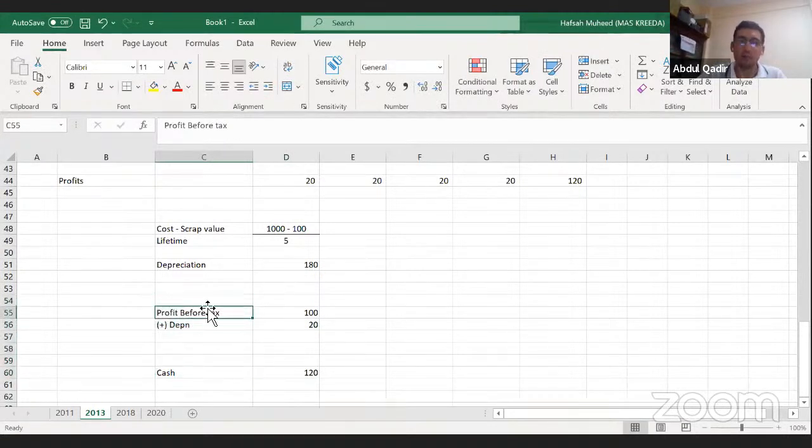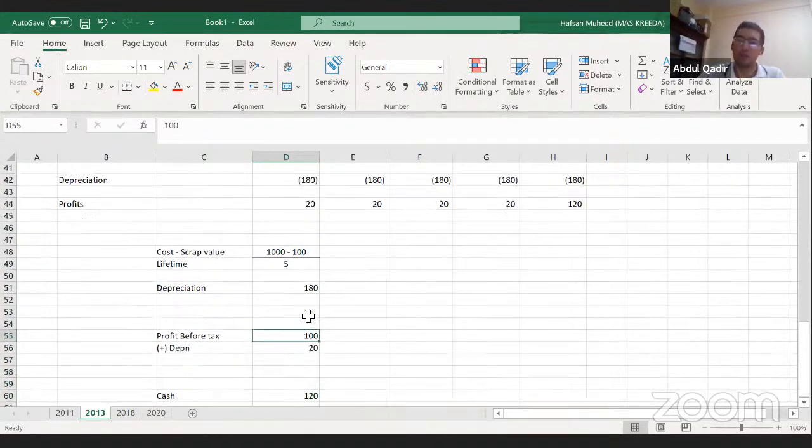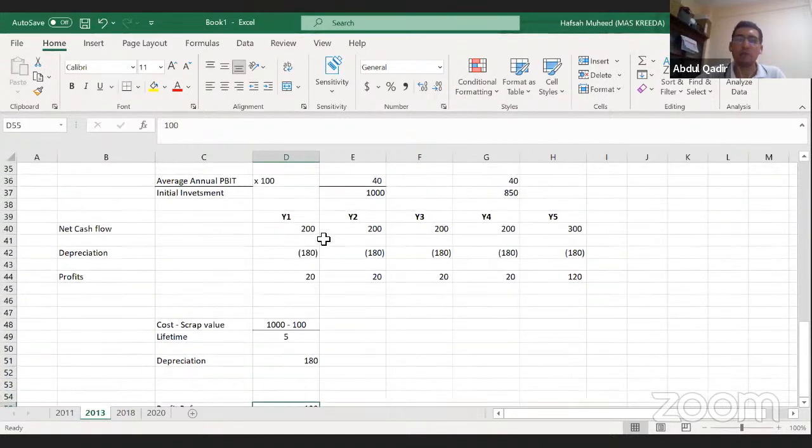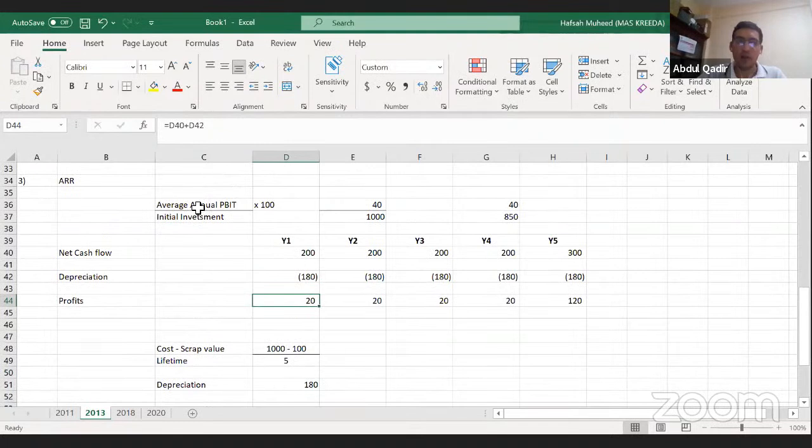You need to calculate profit. So you're working it backwards. From 120, how do you go to 100? You need to deduct depreciation. 120 minus 20 will give you the profits. That is what I am doing here as well. From my cash flow, I'm deducting depreciation so that I can get my profit. That is why 200 minus 180 is 20. That is how I get my profit for each year. But the formula says what is the average annual profit.